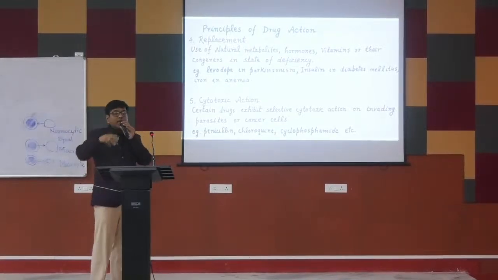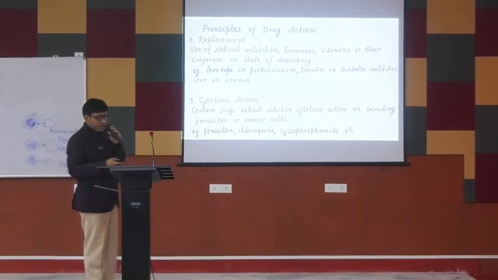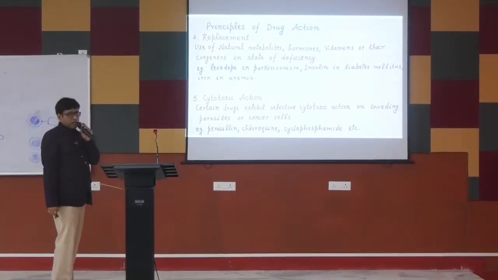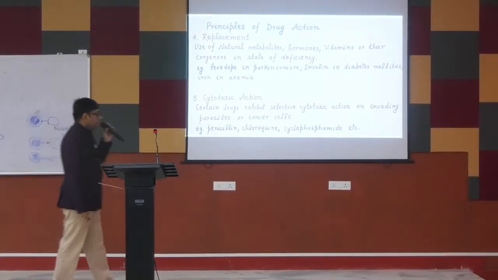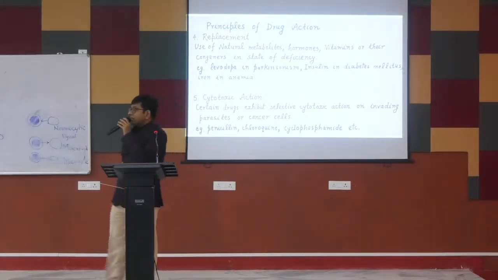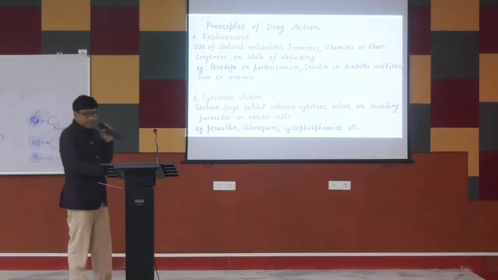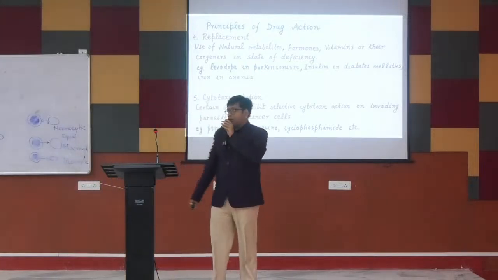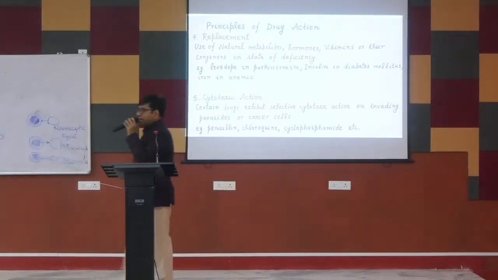Here the drug is replacing. Then cytotoxic action. Cytotoxic action is when the drug is killing some cells. Which cells? Invading parasitic cells or cancer cells that are damaging the body. They are killing those cells.